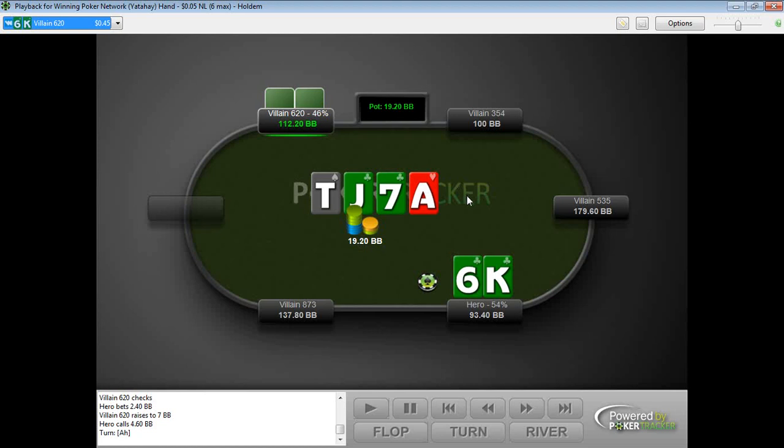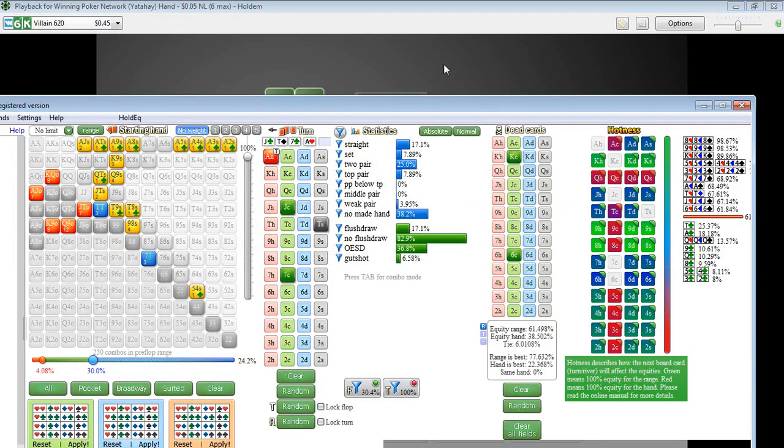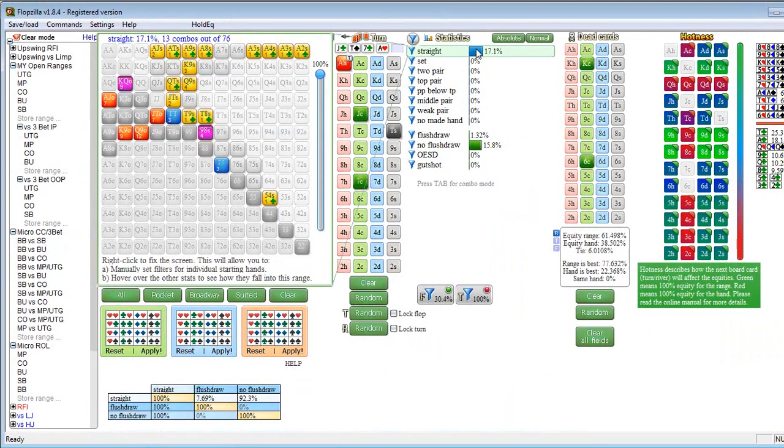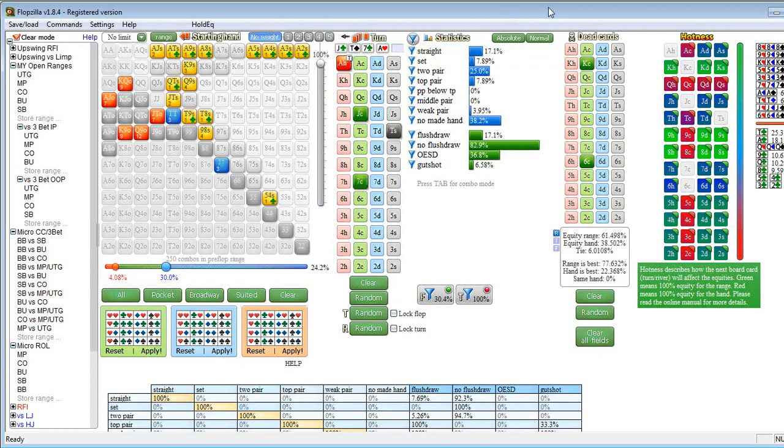Now he could also have hit a straight as well. He's got his draws that he easily could have hit. He's got now lots of straights. He's got that 9-8, and he has tons. He's got 9 combos of king queen. So he has a lot of straights here in his range.